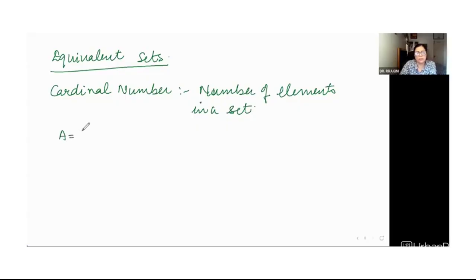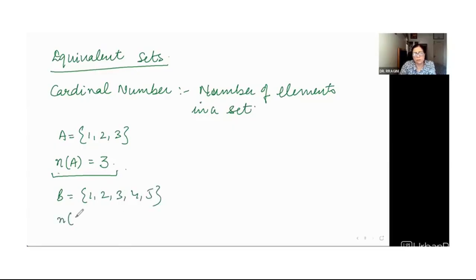So if I write A as 1, 2, 3, that means n of A is 3. This is how we write cardinal number. Number of elements in set A is 3 here. If I write B as 1, 2, 3, 4, 5, the cardinal number of B is 5. Don't get confused in this n with n of natural numbers. This is n of A, n of B, cardinal number of the sets.